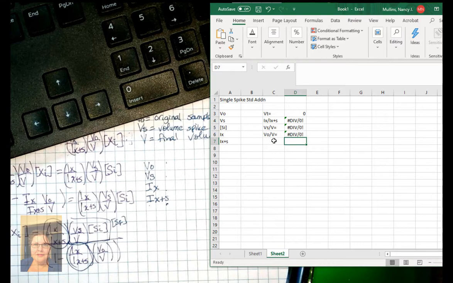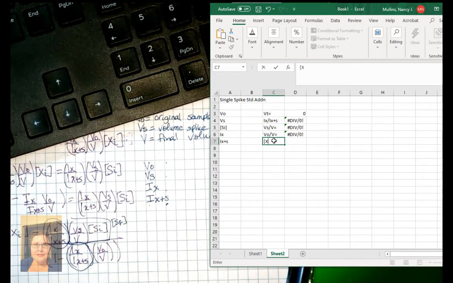And so now I can set up my unknown value.